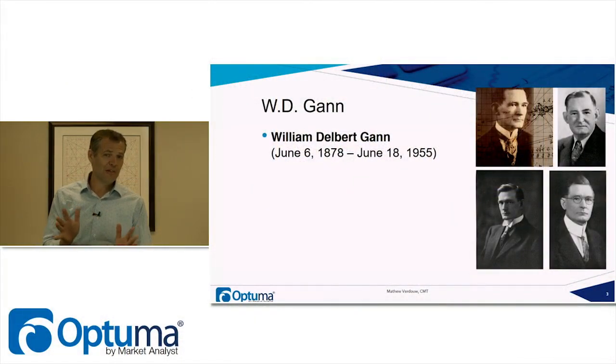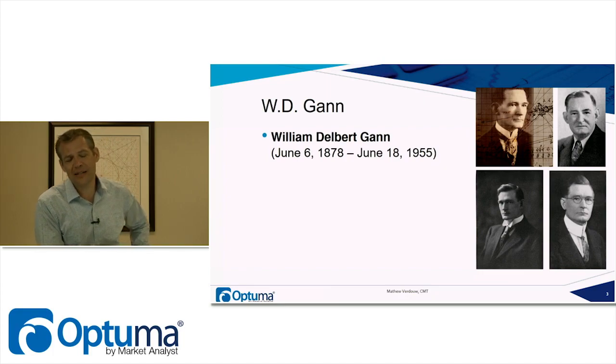So a little bit of history for those that have not heard of William Delbert Gann. He was born in Lufkin, Texas, in the late 1800s. And the story goes that he was on a train selling cigars and overheard discussions by businessmen talking about the trades they were making, and he asked for a job with a broker, and the rest, as they say, is history.